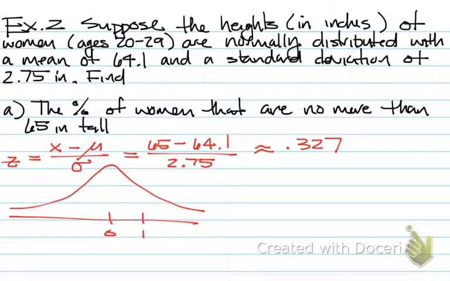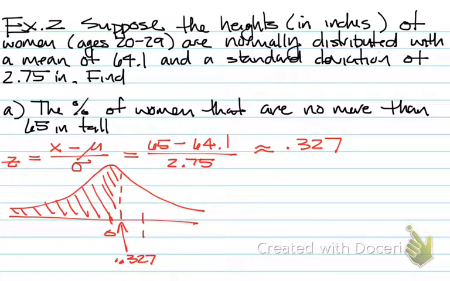That would correspond to a z-score of 0.327. We would look that up on the table. Again, if we did not have the technology, for all standard normal distributions, the mean is 0 and the standard deviation is 1. So 0.327 lies just above the mean.